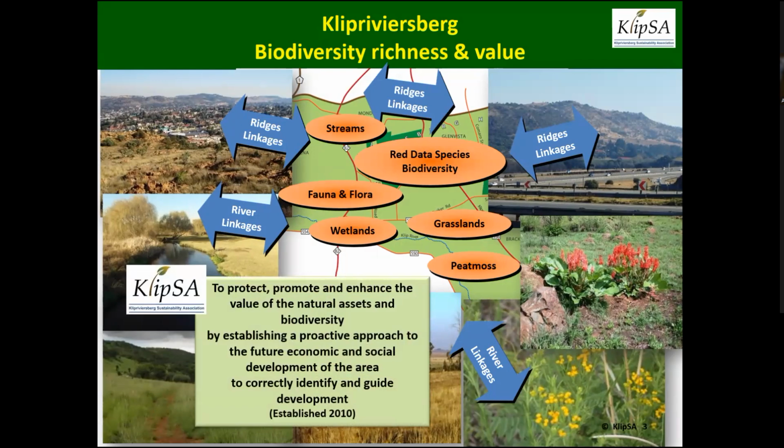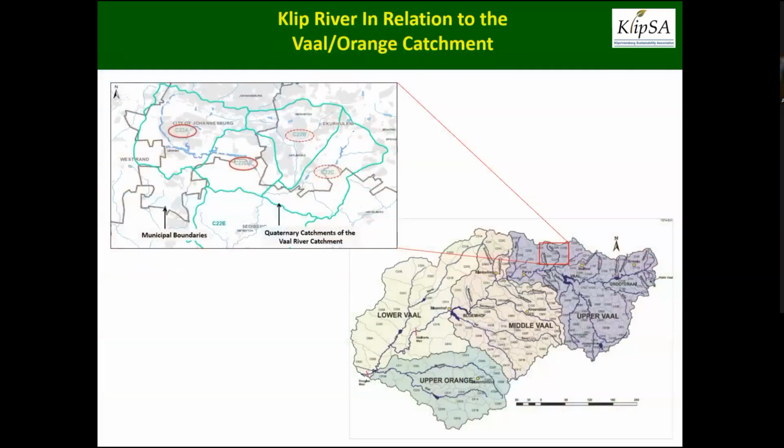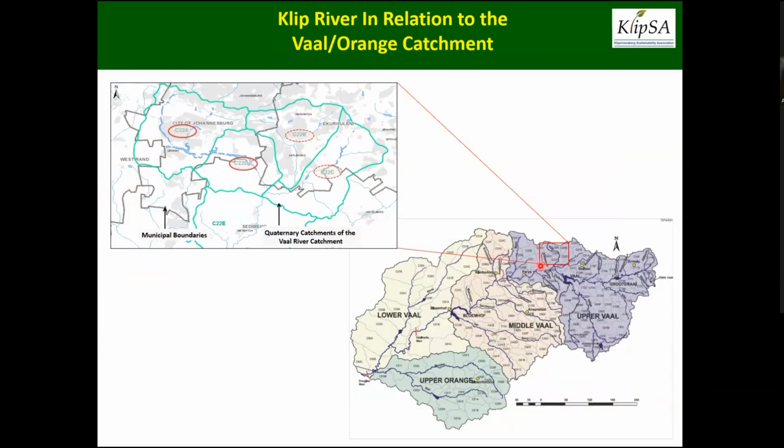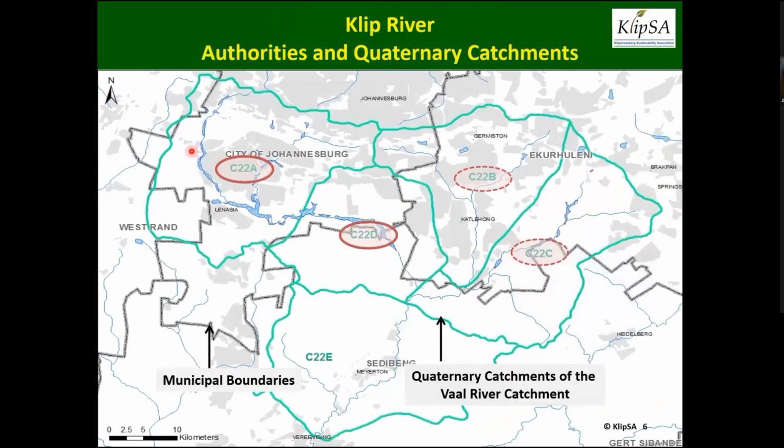Klipsa was established in 2010 to protect, promote, and enhance the value of these natural assets and take a proactive approach towards development. Our focus is in the Upper Vaal area, and particularly the two catchments that affect the southern areas of Johannesburg.